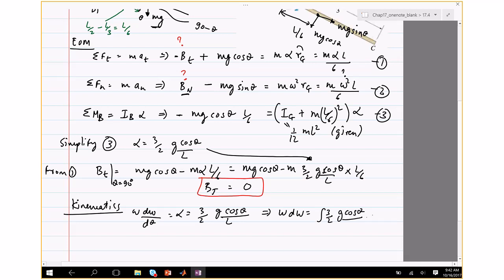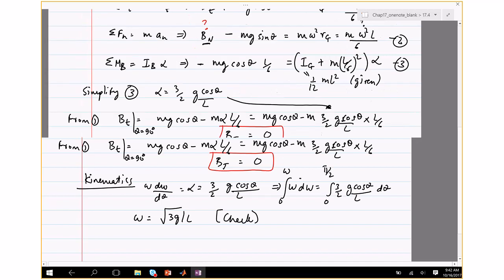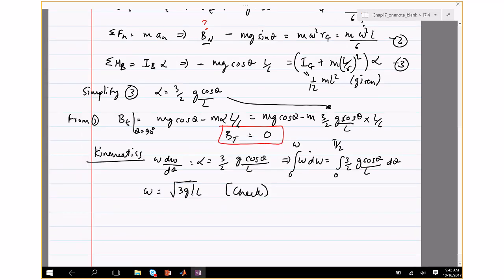So when I integrate this from 0 to omega, it starts with 0 angular speed. I need to go from 0 to pi by 2. What I get is omega equals 3g. So you've got to go and check this if this works out right. This is what I got when I do the integration. And then once you have this, now put 4 in 2 to solve for Bn.